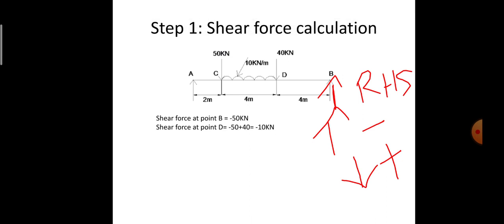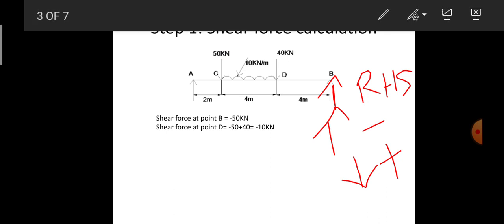Next is shear force at point D. Exactly at point D we have 40 kilonewton, and previous to point D we have one point, that is point B, with a force of RB. So the shear force at point D is minus 50 plus 40. This minus 50 is the value of RB.